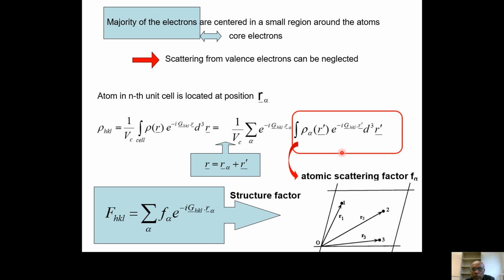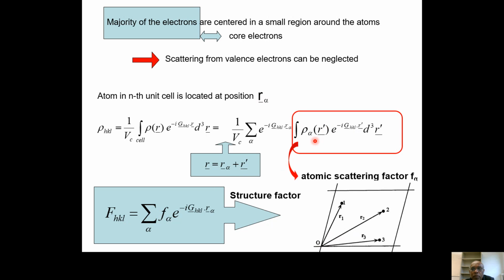So I will show you, this point is my R alpha, right? With respect to some origin. So from here, I have these R primes. R1, R2, R3.